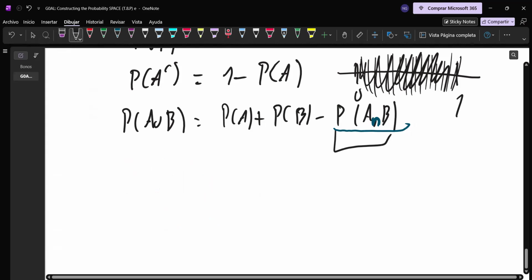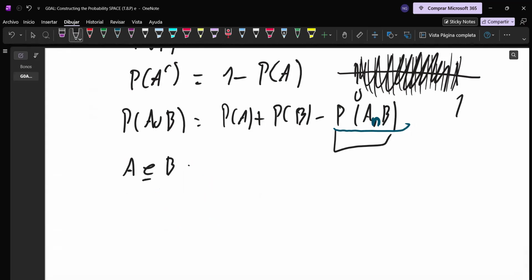And then some classic things. If R is a subset of B, then the probability of R is smaller than or equal to the probability of B. And we have the fundamental continuity of measure.